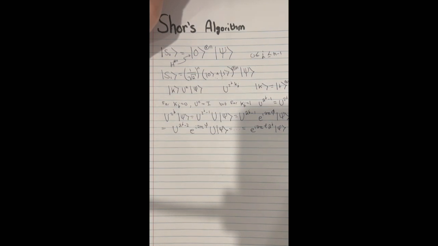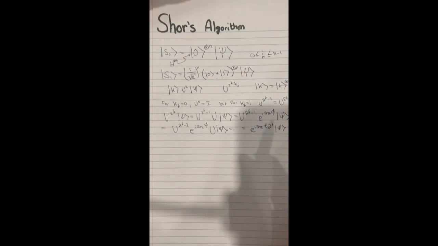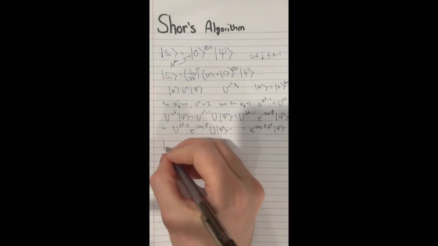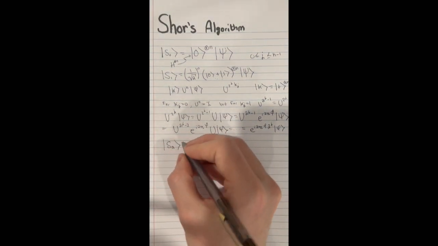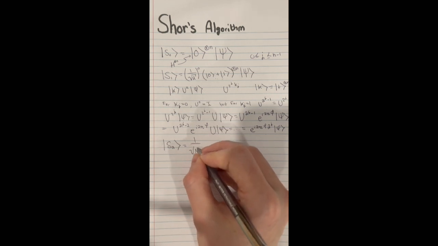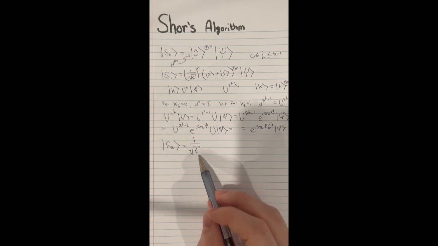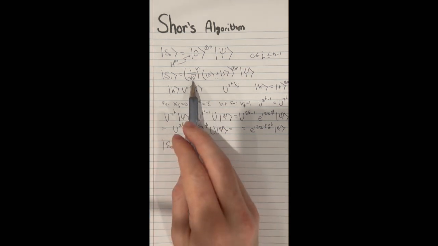And so, as we saw here, this phase will be kicked back onto our one state, and therefore we will obtain an expression of S2 equals 1 over the square root of N, where N here is equal to 2^n, the total number of states, because we're in an equal superposition.